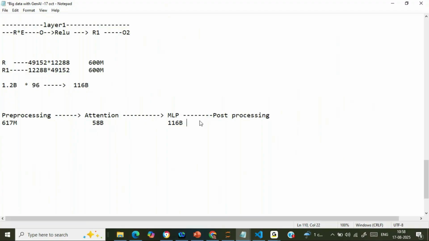post processing, that is nothing but we are going to multiply the output with the unembedding matrix and all, okay.